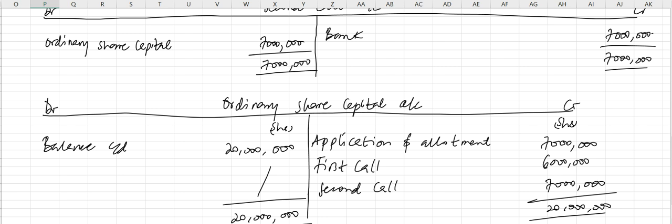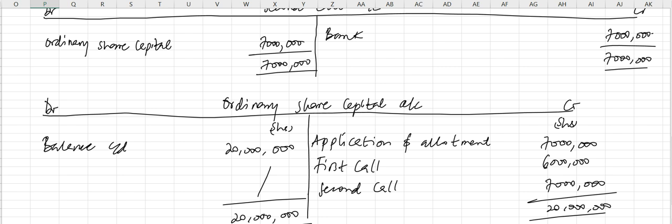Now you may ask, what do they mean by first call, second call? When I talk about the first call, that is the first installment of the share price that a company demands from its shareholders after the application and allotment money has been collected.